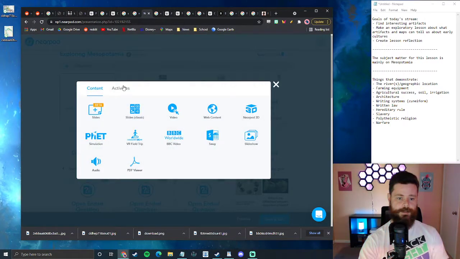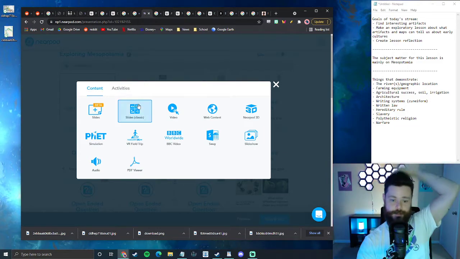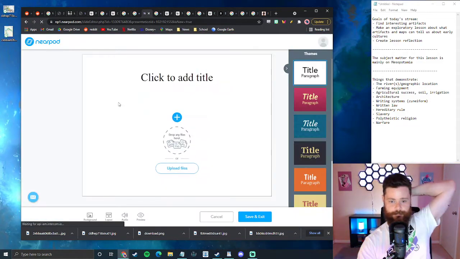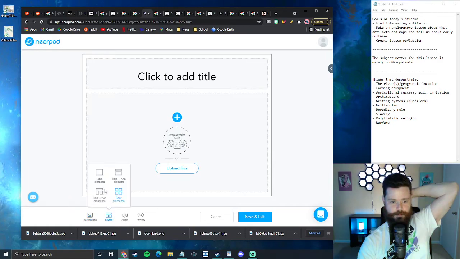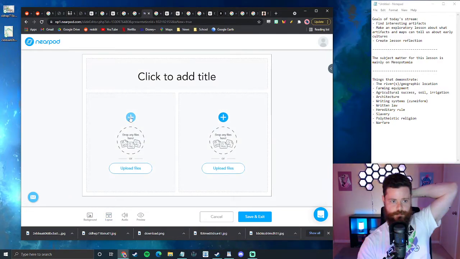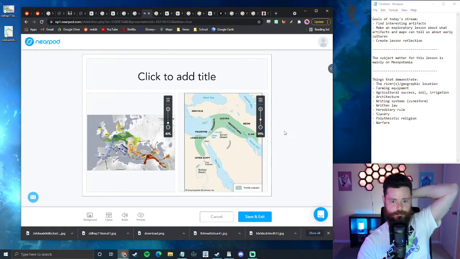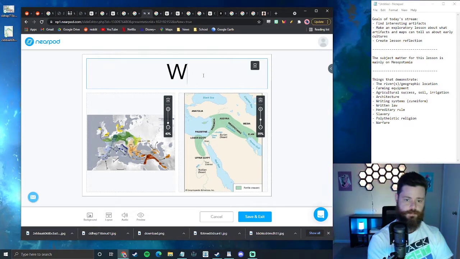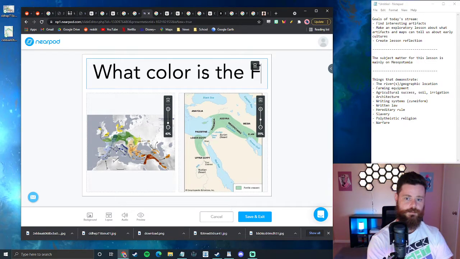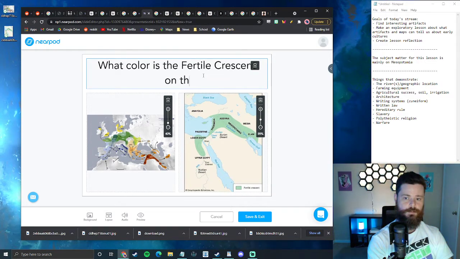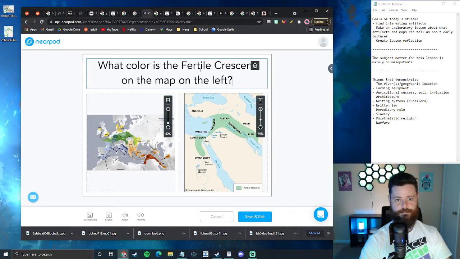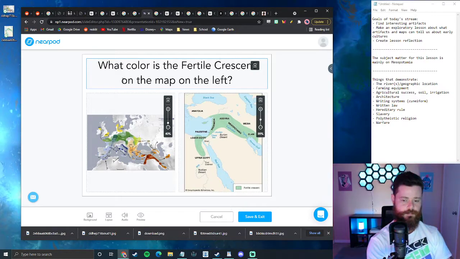Now, I guess I can't do a combined question, so I'm just going to have to do slide. Okay. What color is the Fertile Crescent on the map on the left? What color is the Fertile Crescent?